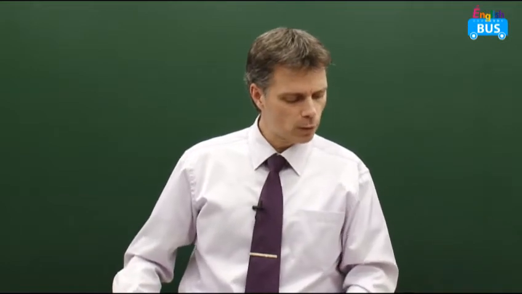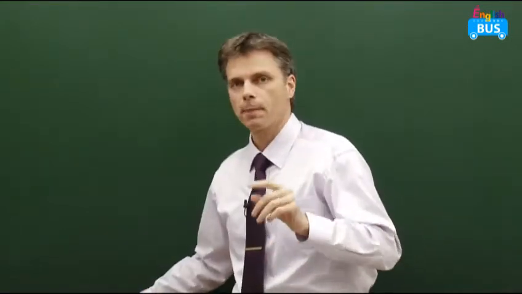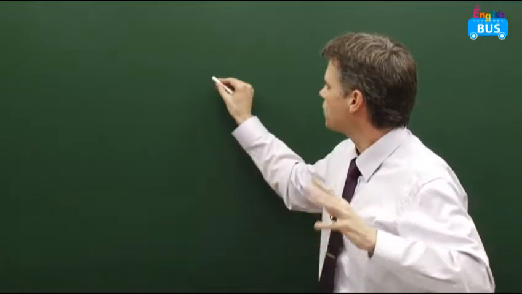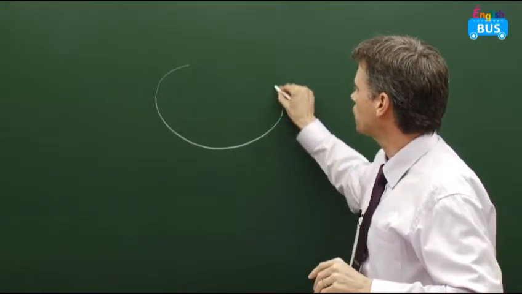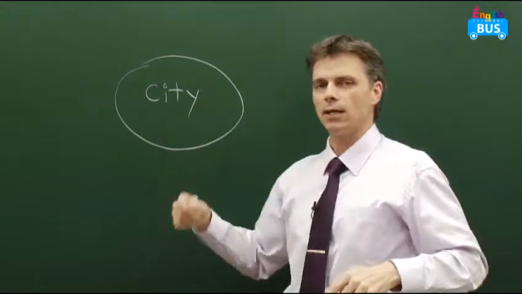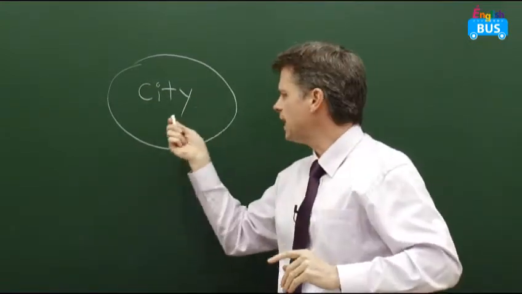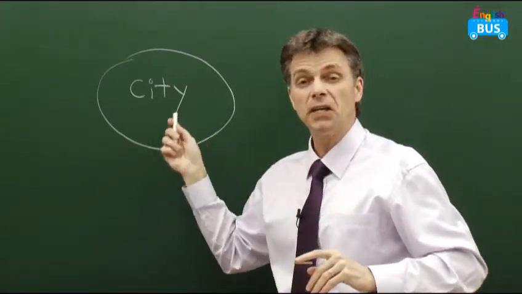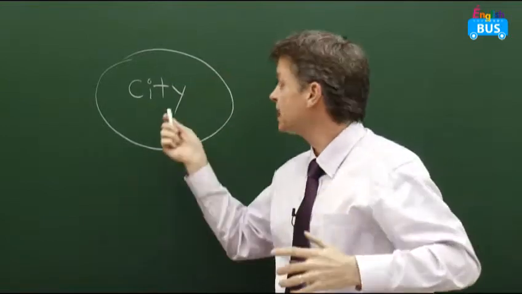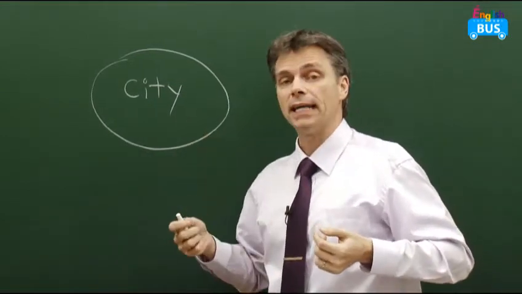Now, word number 4 is suburb. Let me draw you a picture first, okay, on the board here. So let's say this circle is our city. That's our city right here. Now, it's very, very crowded. Many, many people living here, many big, tall buildings. It's expensive, we need lots of money.